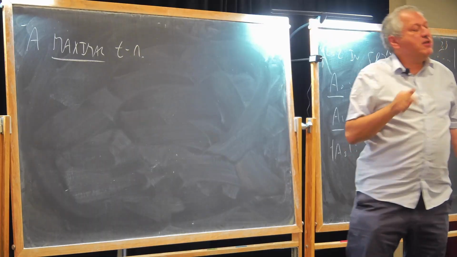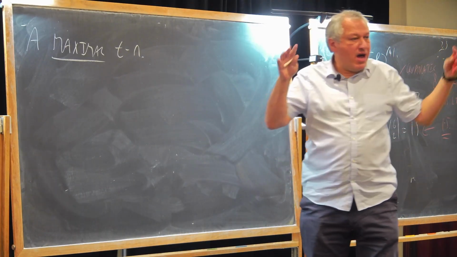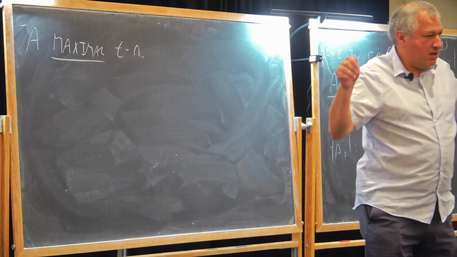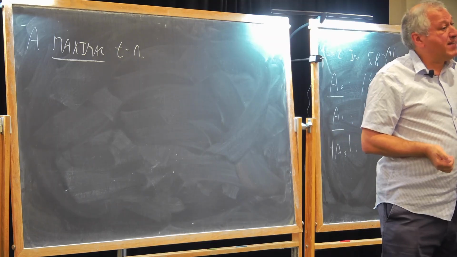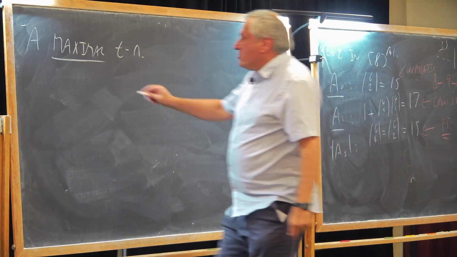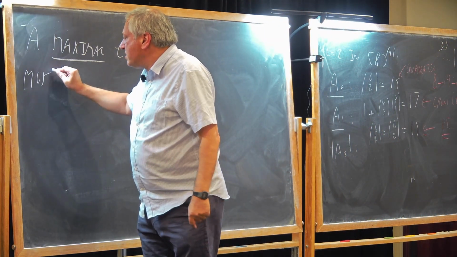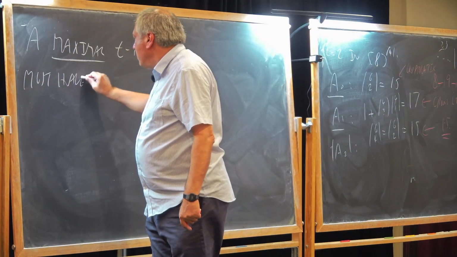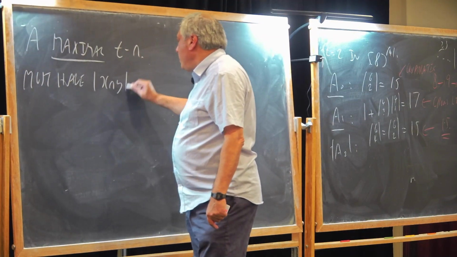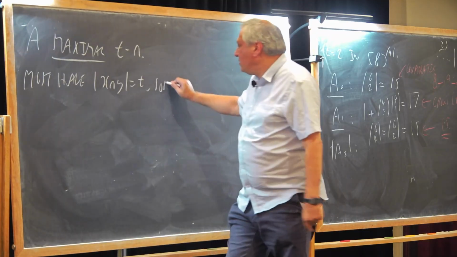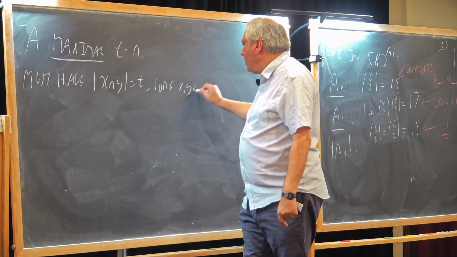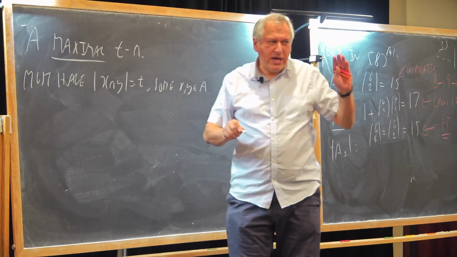Now the reason that's useful is I want to say that in my unknown family A, of course, there are some two sets x and y that intersect in exactly t points. So the size of x intersect y equals t for some x and y. And why is that true?